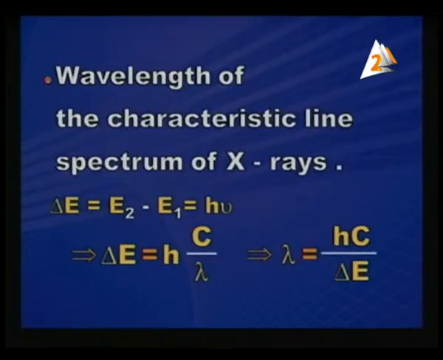It is equal to the difference between the two levels, E2 minus E1, and it is equal to h nu, and nu is equal to c over lambda, so the difference equals h c over lambda. In this way, lambda equals h c over the difference in energy. h is Planck's constant, c is the speed of light in space, and delta E is the difference between the two energy levels.